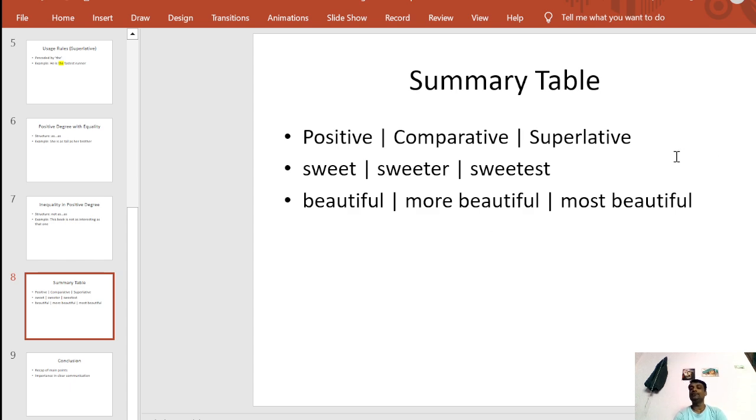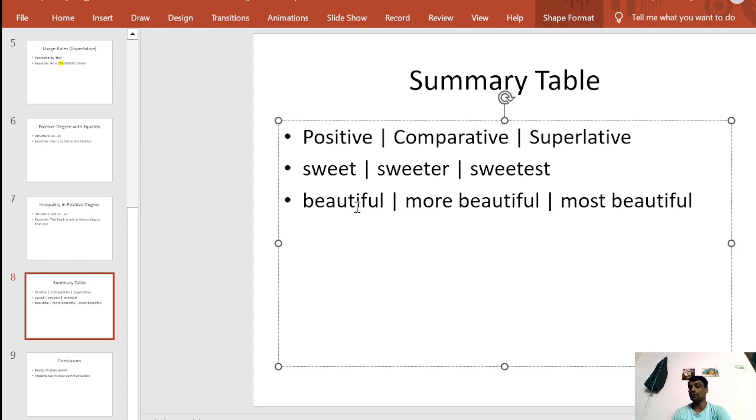In superlative degree we use est for the adjectives, and the definite article the must be used, and in comparative degree the word than has to be used. So here single syllable and double or more syllable words, like sweet, sweeter, sweetest, beautiful, more beautiful and most beautiful.